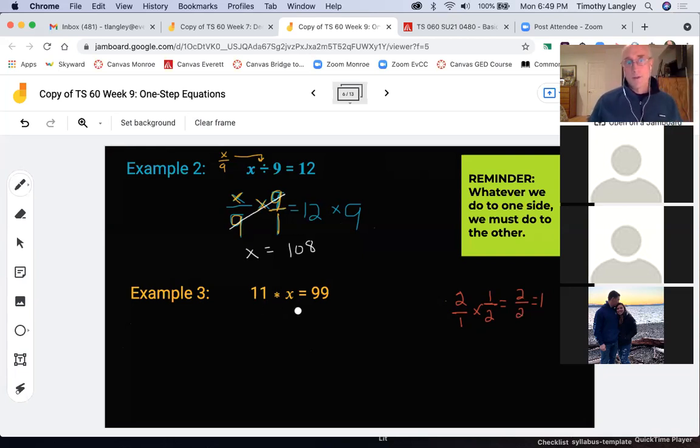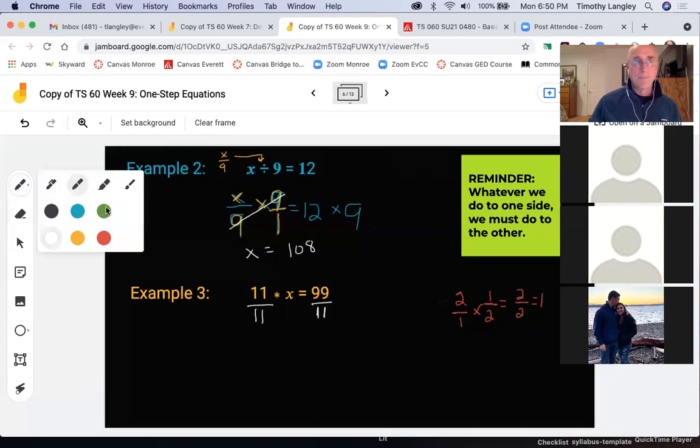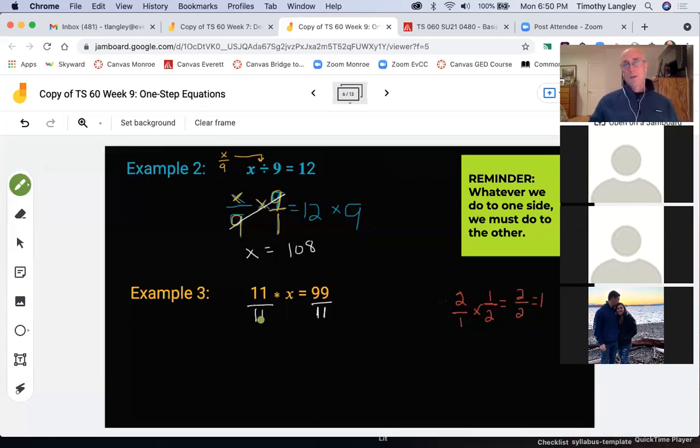All right, so this 11 times, this is multiplication, okay? What is the opposite operation of multiplication? Division. So I'm going to get X by itself by dividing this side by 11 and dividing this side by 11. So go ahead and just copy that down so you have it in your notes, okay? I'm doing the same thing to both sides. And what that's going to do, I'm going to just illustrate for you, is cancel out the 11s here.